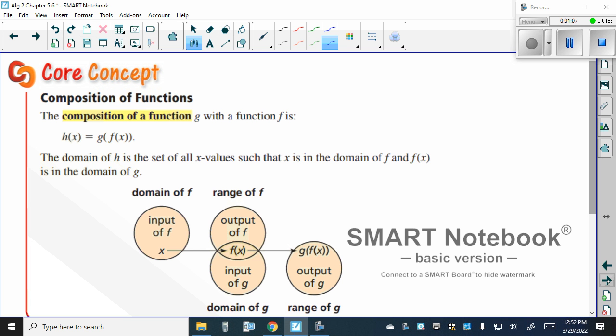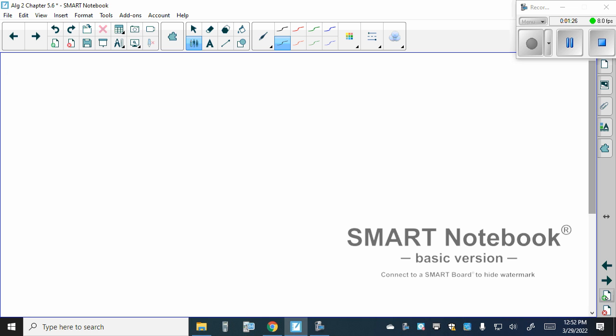Now, what we're looking at today is the composite of a function. When I first learned this in high school, the teacher that I had referred to these as fog and goff, because how we write a composite function is f of g of x.